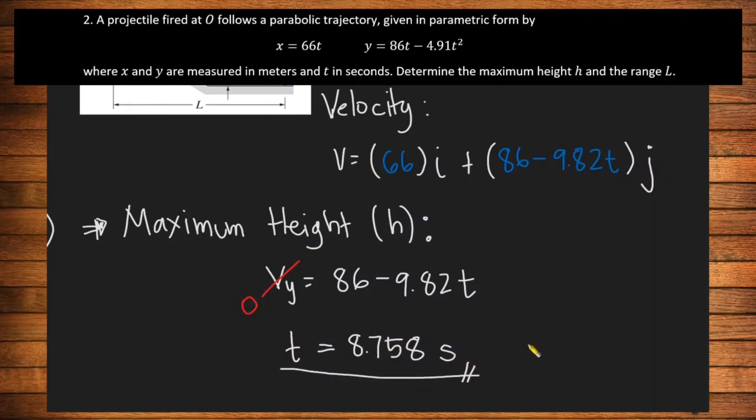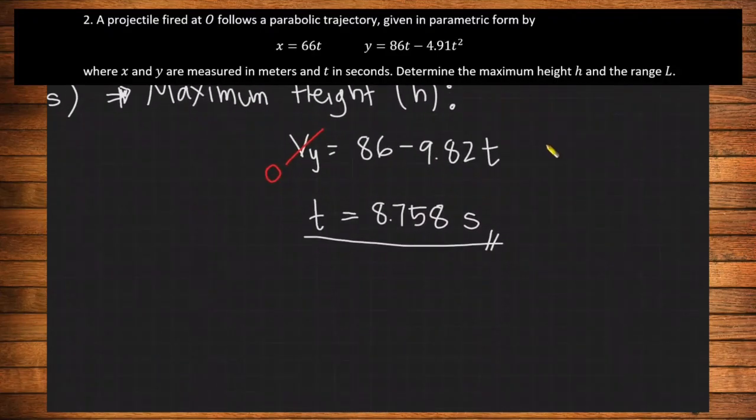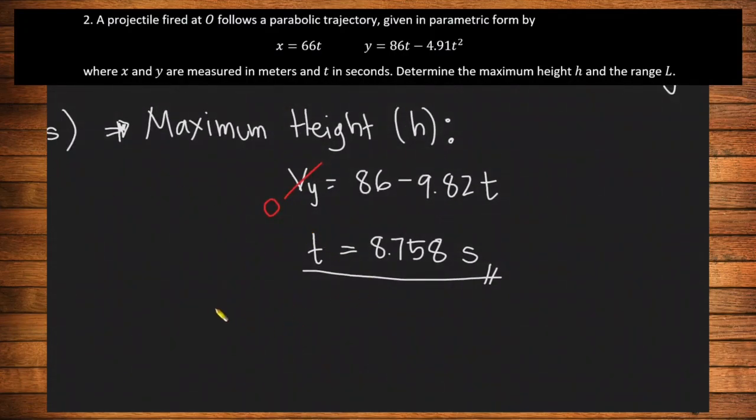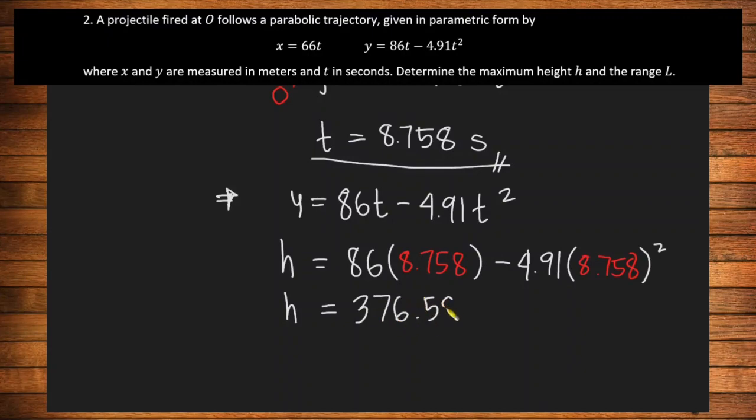So again, yung maximum height natin, since that is along the y direction, ang gagawin natin is yung y component naman ng position vector natin, yung gagamitin natin to find the maximum height h. So if we substitute this time into the y component of our position vector, we should get the maximum height of our projectile. So again, setting t equal to 8.758 seconds, we will obtain the value of our maximum height h equal to 376.58 meters.